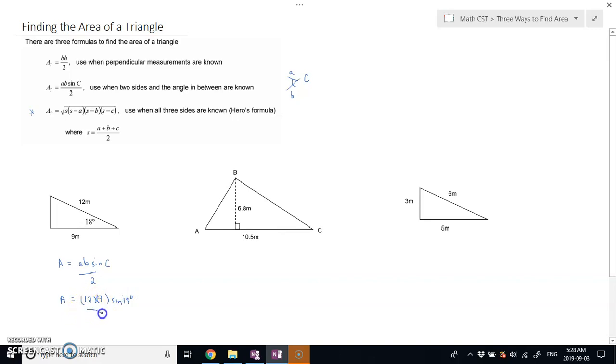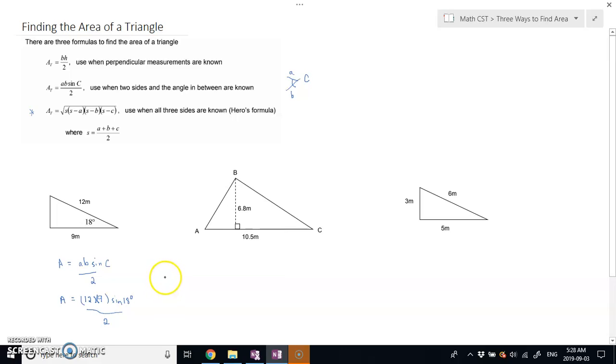You're multiplying these together and then dividing your numerator by 2. It's a little wonky handwriting, but that's okay. So I've got 12, and make sure your calculator's in degrees.